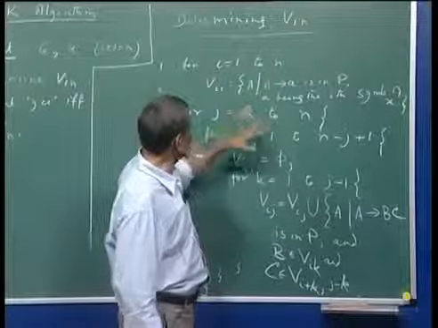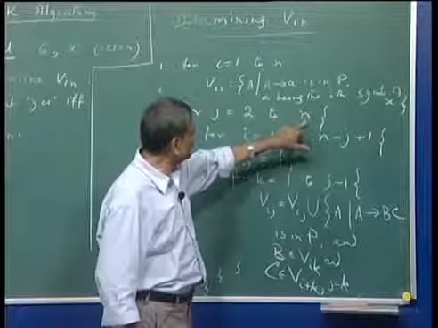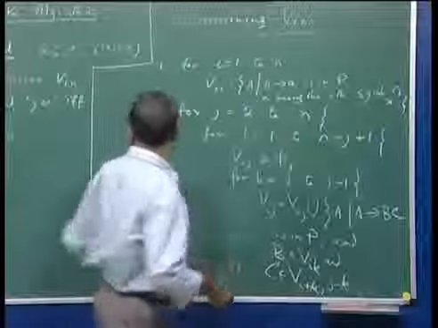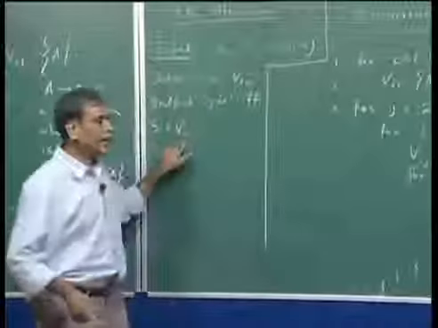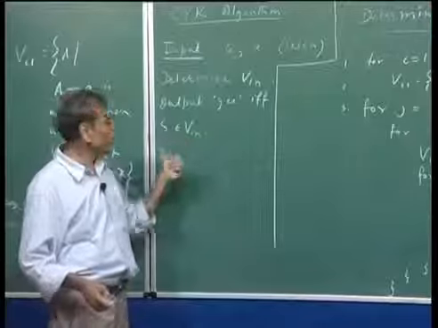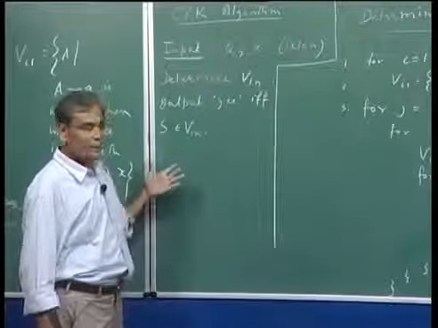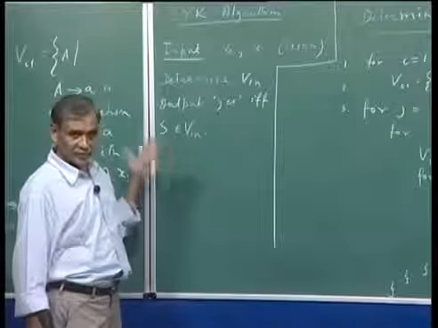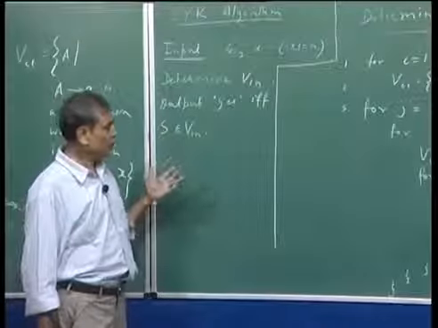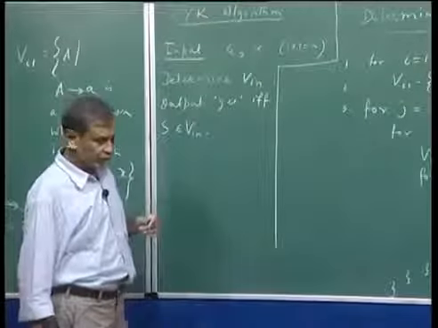And finally, when I manage to find the value n for j, then that is of course V1n, and then I look at whether the start symbol is in V1n. If so, I say yes, the string is generated by the grammar, otherwise I say the string is not generated by the given grammar G.